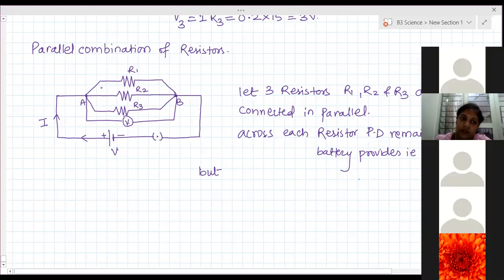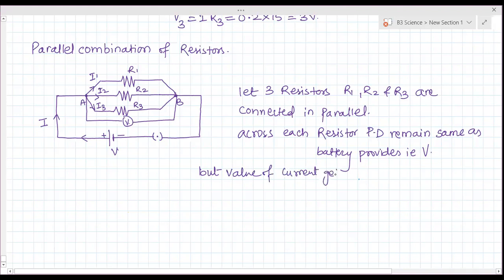Flow of current. So when current enters at this point, there are three different paths for the current to flow. So current gets divided along each resistor. So let I1 be the current flowing through R1, I2 be the current flowing through R2, and I3 be the current flowing through R3. The value of current gets divided through each resistor.